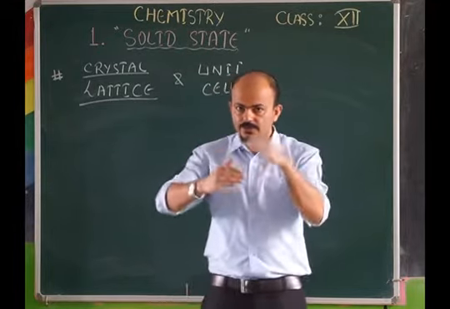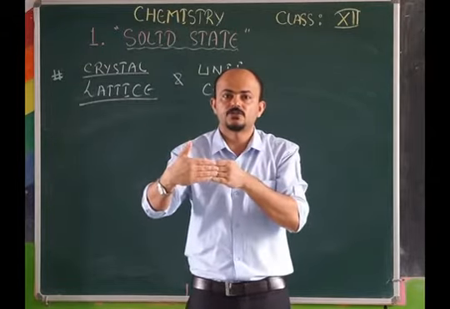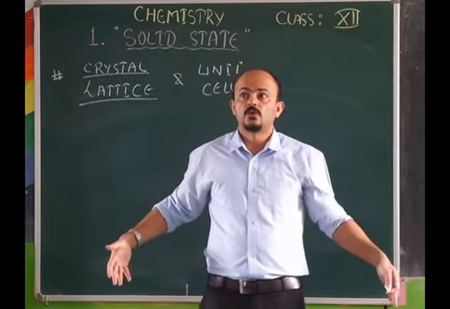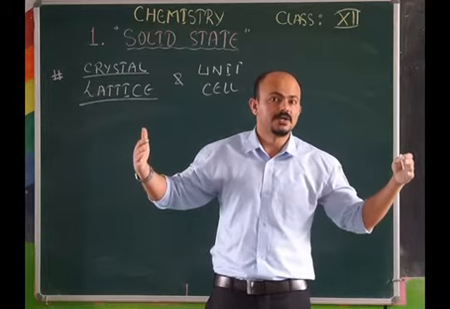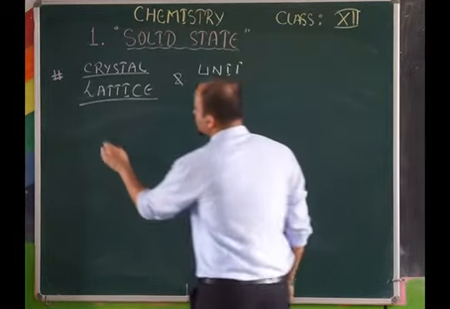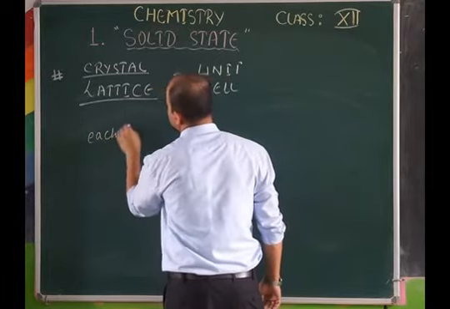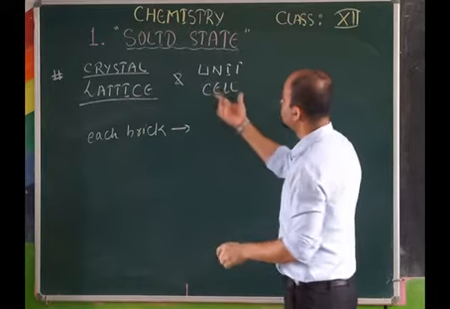After arranging one brick after the other in all directions, you get the whole structure of the building. Please try to imagine. Here, each brick is equivalent to a unit cell.